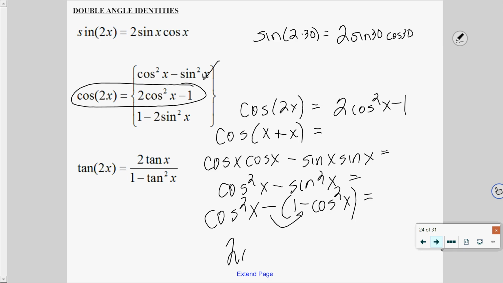I'm left with 2 cosine squared minus 1. So that could be an identity you're asked to show why it's true. We actually got two of them. I got the first one by the sum. Keta said the second one, so I subbed that one in. If she said the third one, I would have just subbed in for that side.